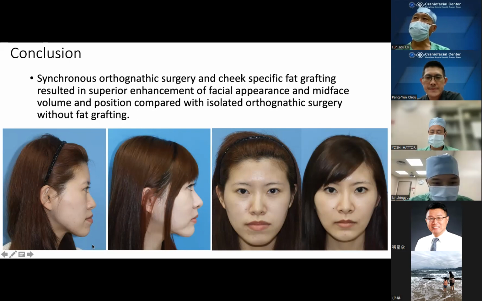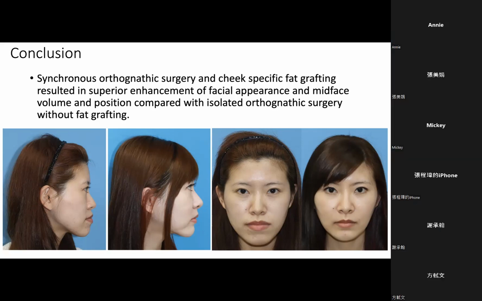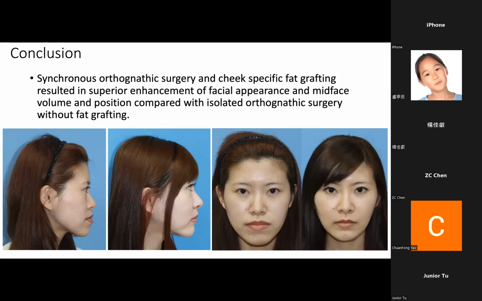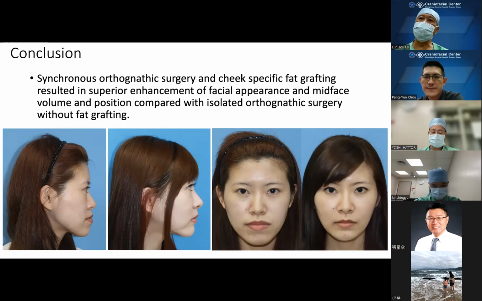Certainly for patients with class 3 prognathism and concave face, when I design the OGS, I usually try to do clockwise rotation of the maxillomandibular complex to increase the mid-face volume. But sometimes, if I do too much rotation, I could retrude the mandible too much.